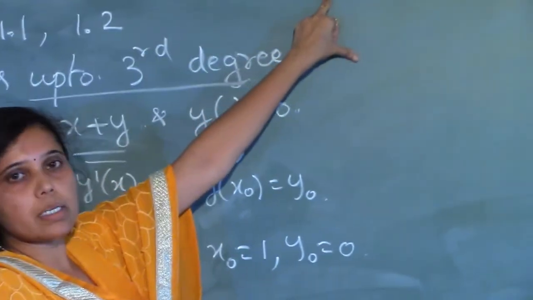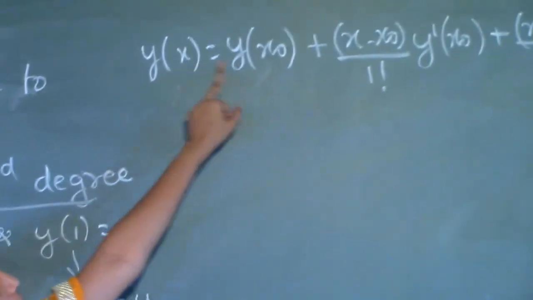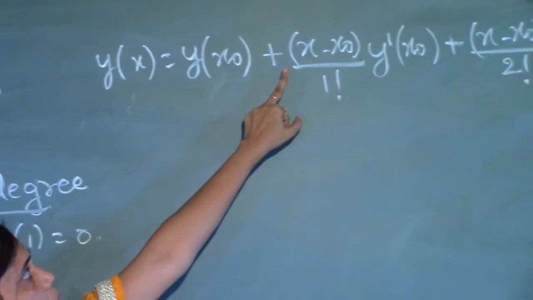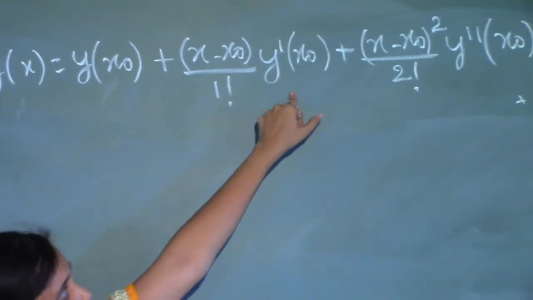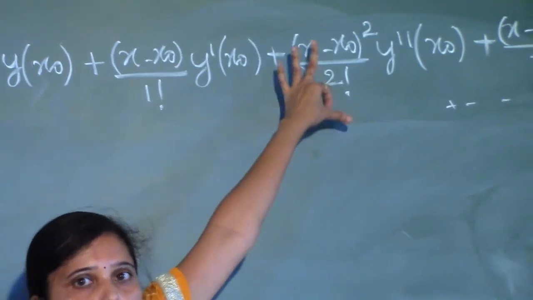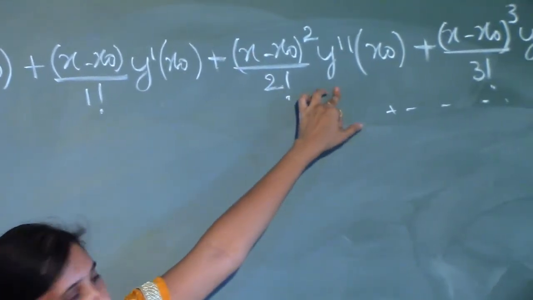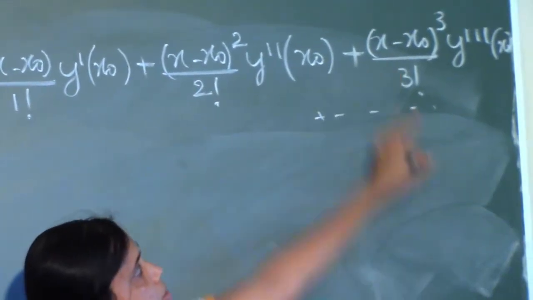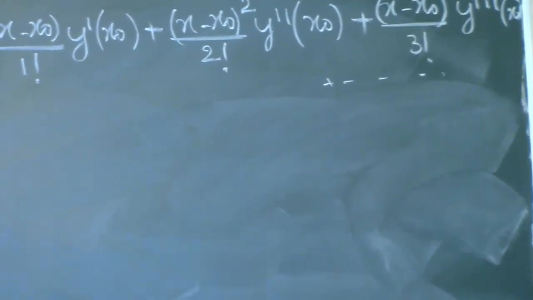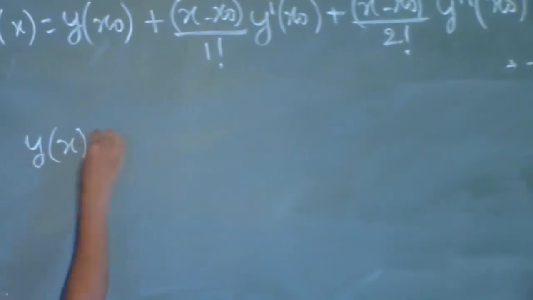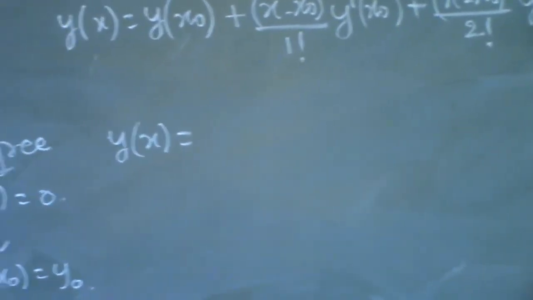Now the Taylor series formula is y of x is equal to y of x naught plus x minus x naught by 1 factorial y dash of x naught plus x minus x naught whole square by 2 factorial y double dash of x naught plus x minus x naught whole cube by 3 factorial y triple dash of x naught. Here substitute the value of x naught. X naught value is 1.